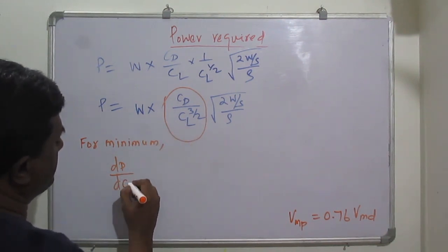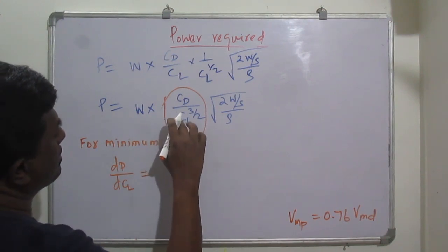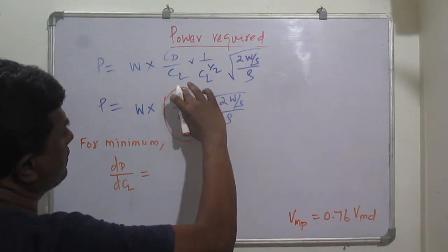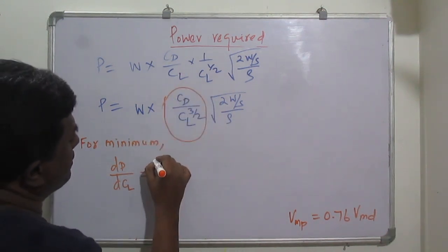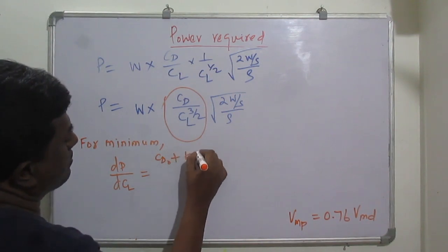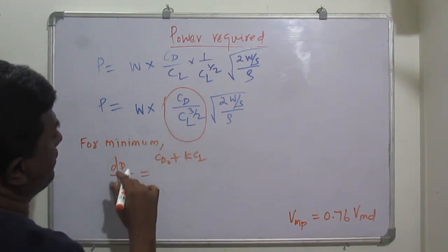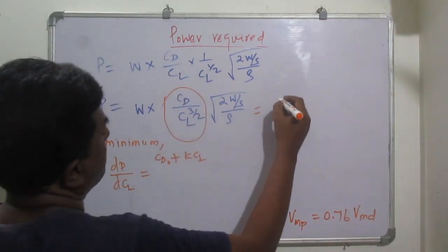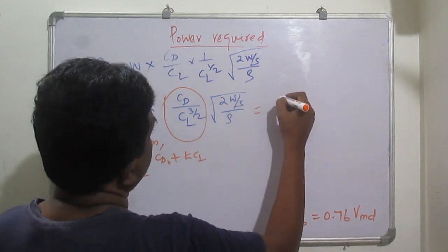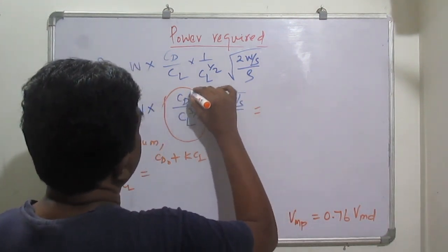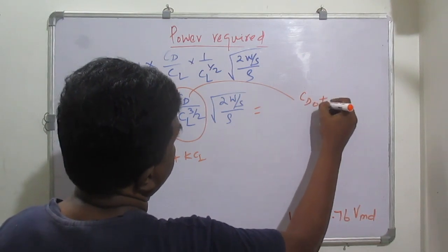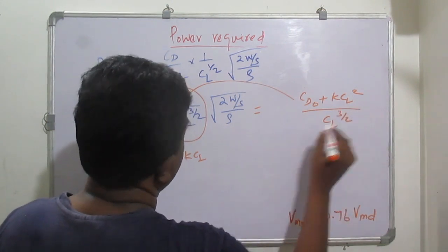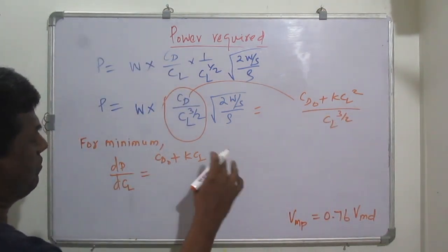We take only this ratio alone. We know CD is nothing but CD naught plus K CL square. So this term becomes CD naught plus K CL square, whole divided by CL power 3 by 2. This term only we are going to differentiate.